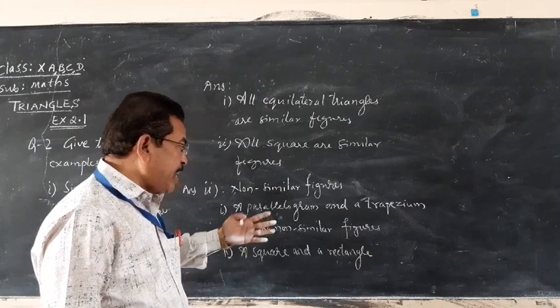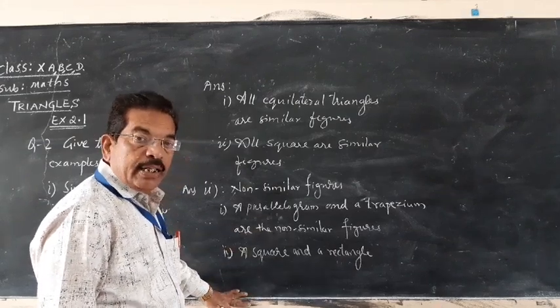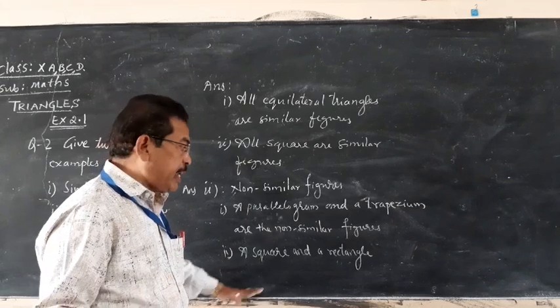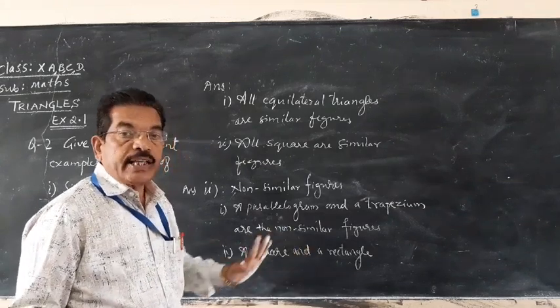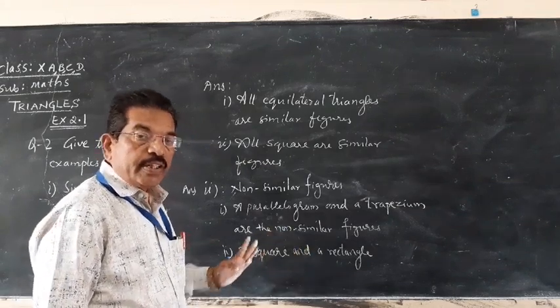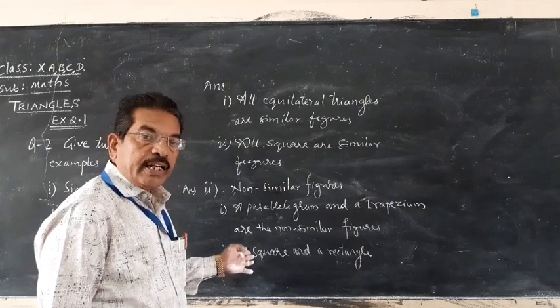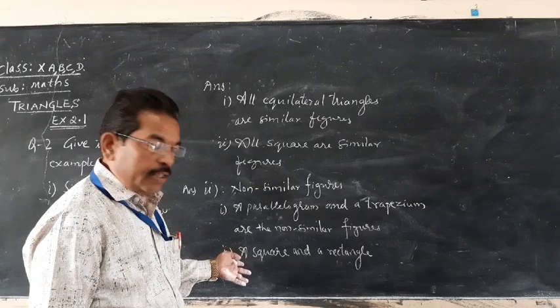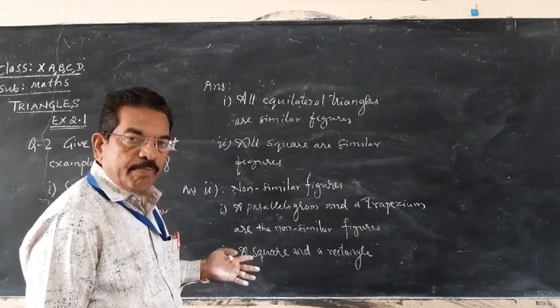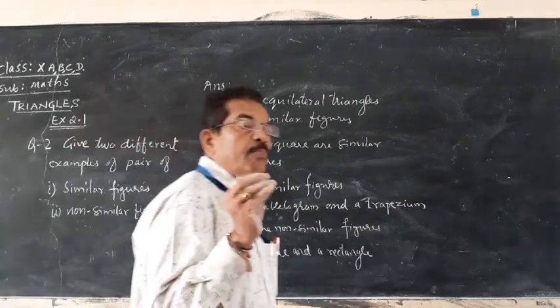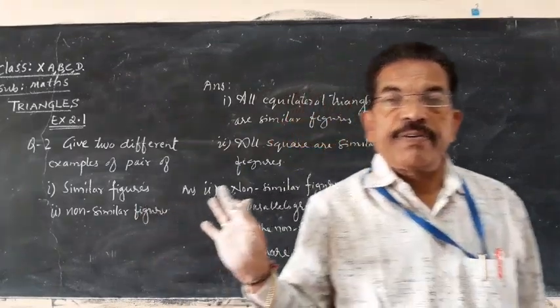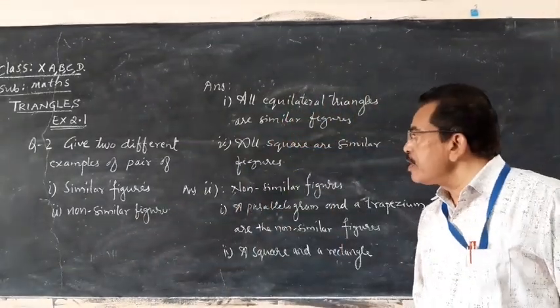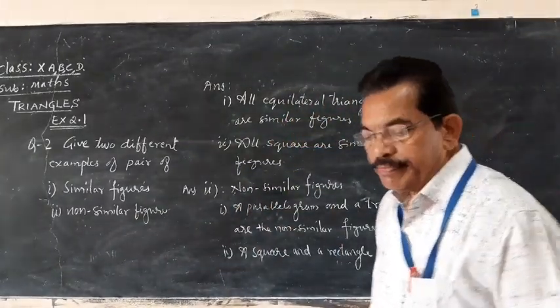Then a square and a rectangle. In a square all sides are equal, but in a rectangle opposite sides are equal, even though the angles are the same. The rectangle contains 90 degrees, and the square contains 90 degrees, but in proportion both are different. Okay, now write down this.